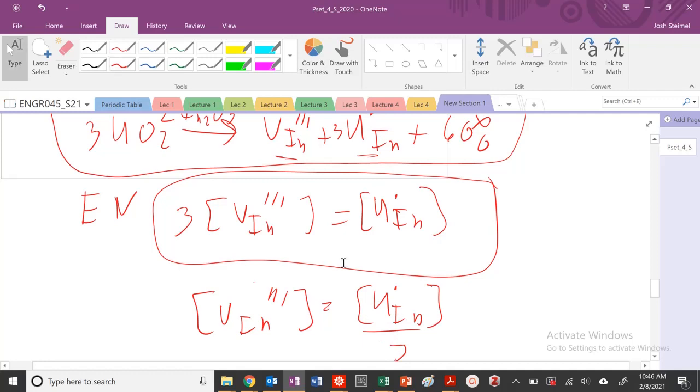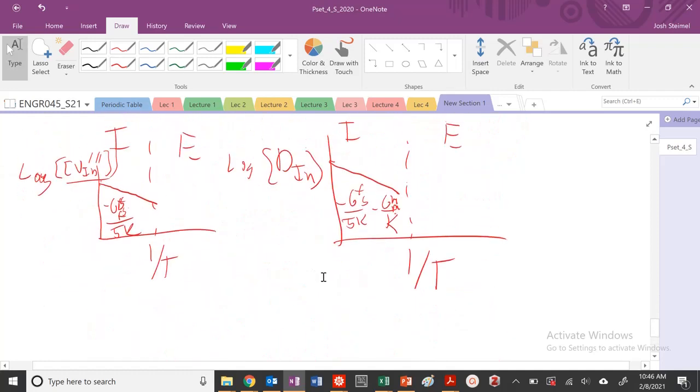Is there any temperature dependence? No. So in terms of the concentration, this is just flat, and the value would just be the log of the concentration of U indium positive divided by 3. So it would just be a flat slope right here.